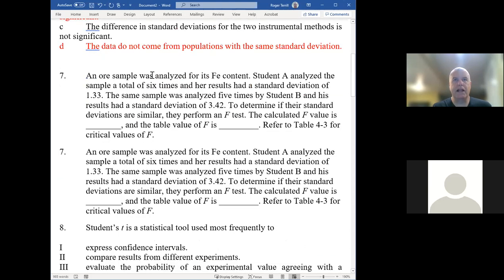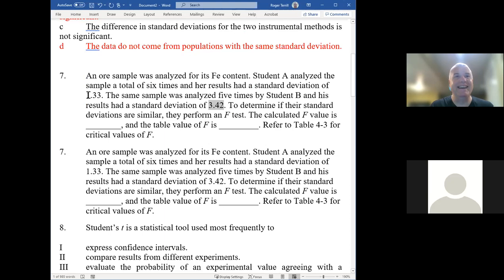An ore sample was analyzed for its iron content. Student A analyzed the sample a total of 6 times. Her result had a standard deviation of 1.33. The same sample was analyzed 5 times by student B. His results had a standard deviation of 3.42. Sloppy boys.